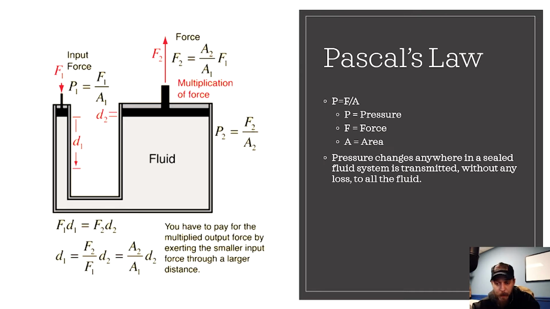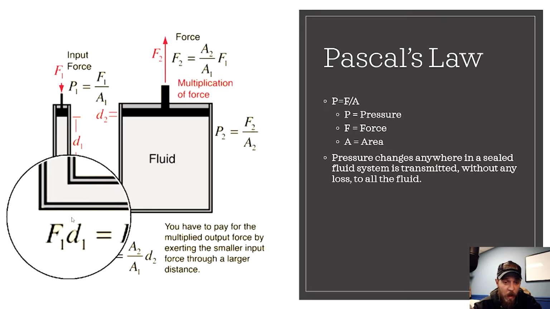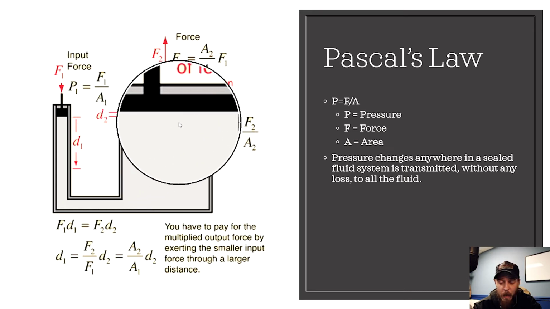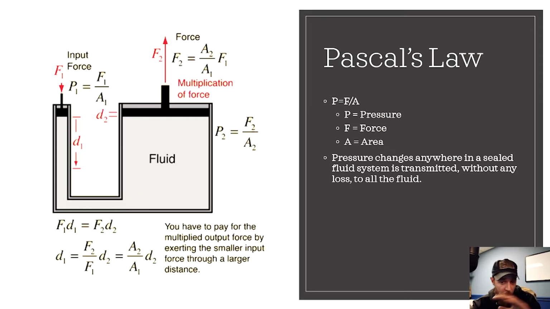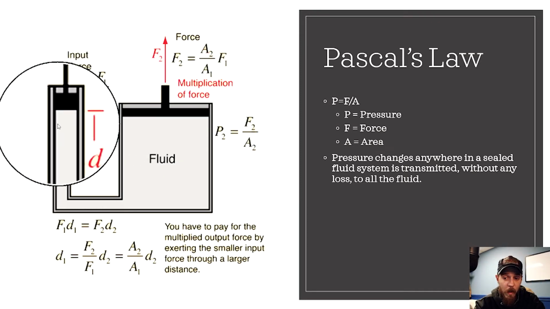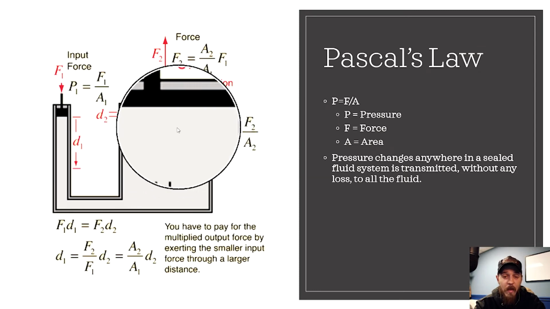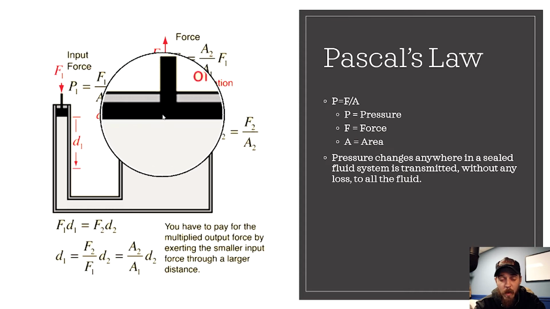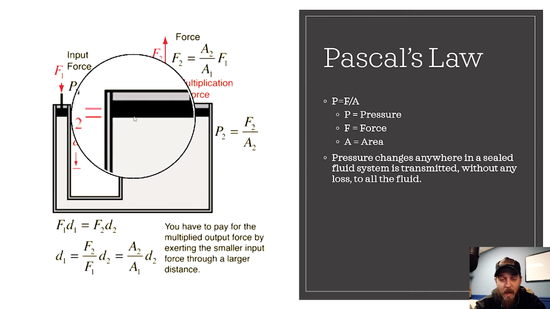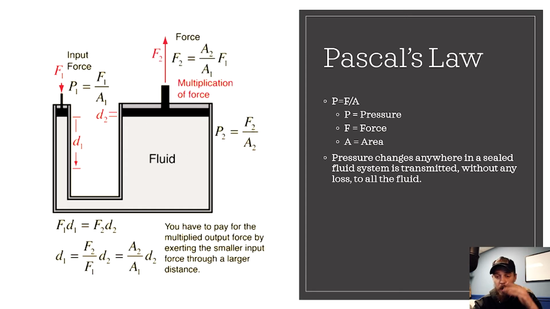But really, in a wide open system like we have here, where you have one piston directly acting on another with no valves, no orifices, no relief valves, the pressure we exert on the left-hand side here is going to be the same pressure we exert on the right-hand side, and the force is magnified because we're exerting the same pressure over a larger area.